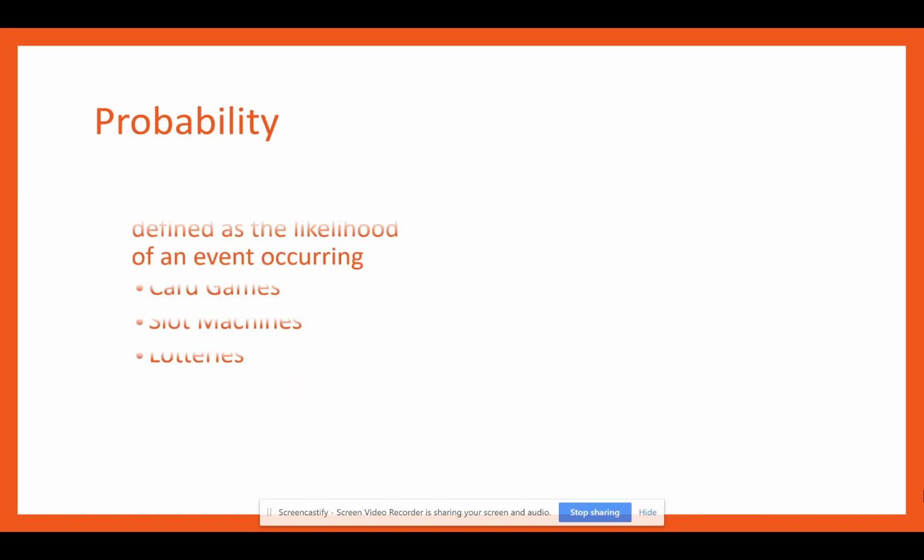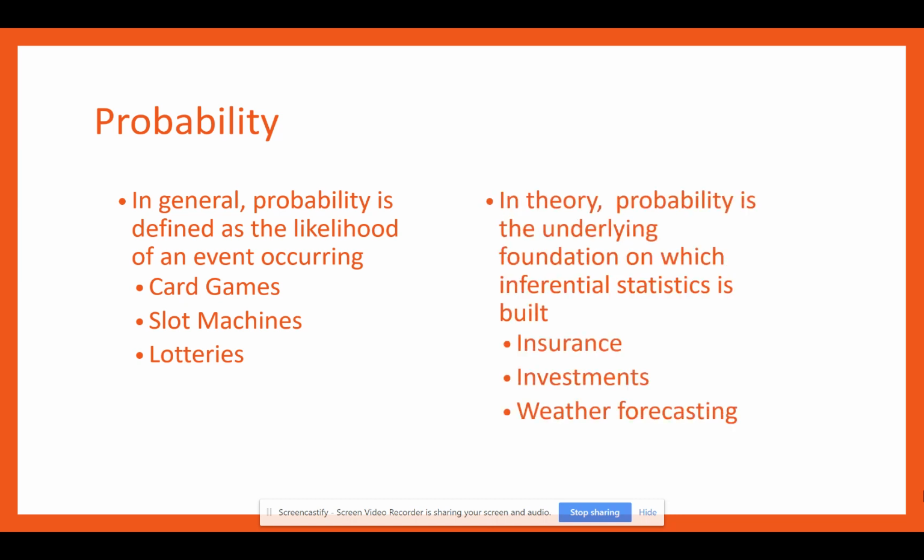So let's define probability. In general, probability is defined as the likelihood or the chance of a particular event occurring. And most people associate probability with gambling, things like card games, slot machines, the lotteries. Theoretically, though, in terms of statistics, probability is the underlying foundation on which inferential statistics is built.